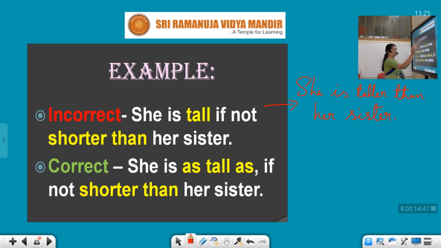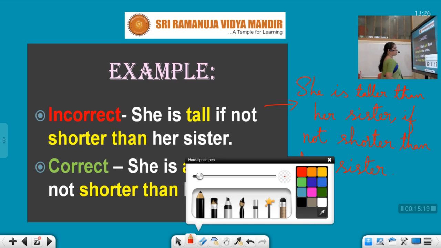She is taller than her sister, comma, if not, she is tall, if not shorter. If not shorter. I suppose you understood the point, students.